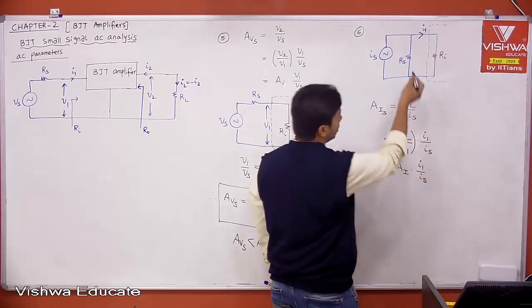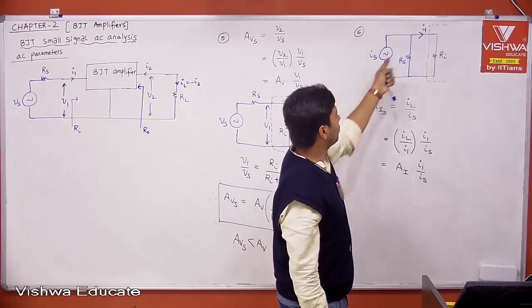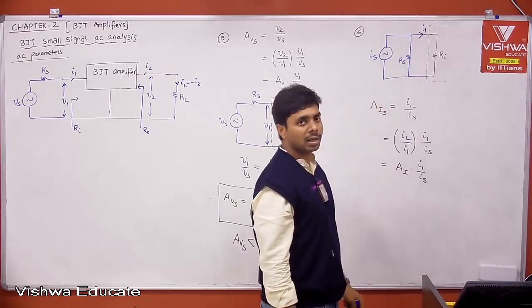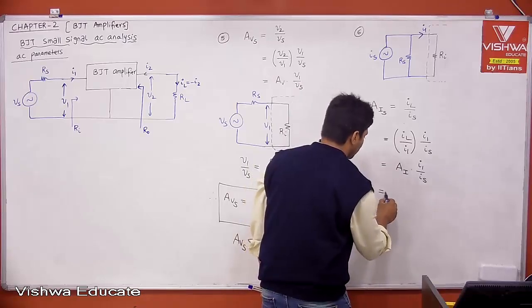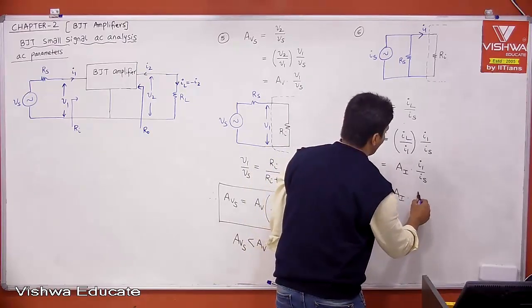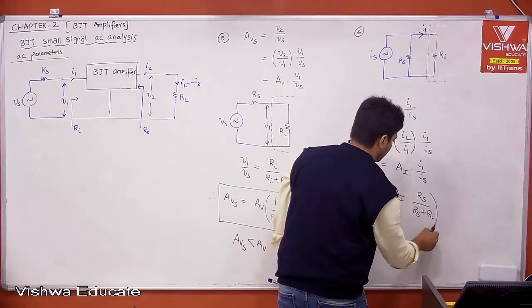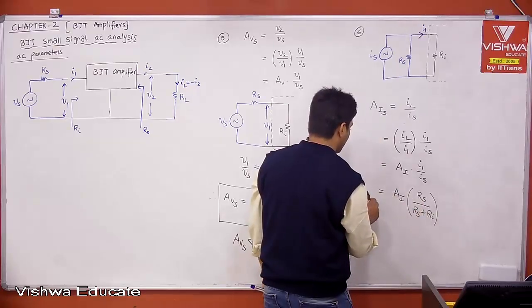It is nothing but a current division network, right? These two are in parallel and excited with a current source, then we can get the current flowing through Ri using network analysis. Therefore, if you solve that, you will get AI into I1 by IS, which is RS divided by RS plus Ri. This is your AIS.